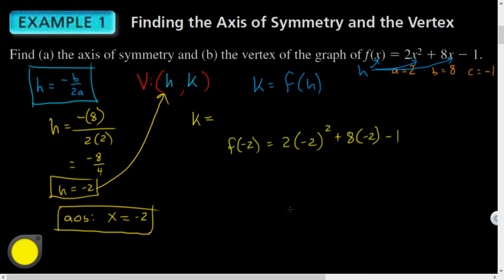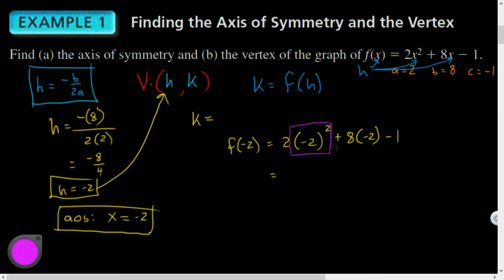And now I'm just simply going to PEMDAS this, right? Parentheses, exponents, multiply, divide, add, subtract, where multiplication and division take place in priority from left to right, as well as addition and subtraction. So f of negative 2, the first operation that's going to take place here, I'm going to do this exponentiation.